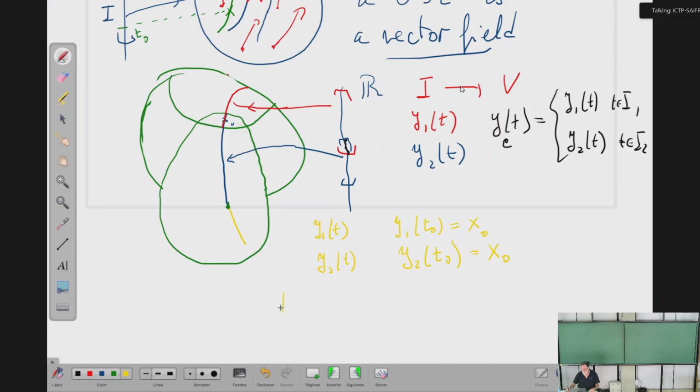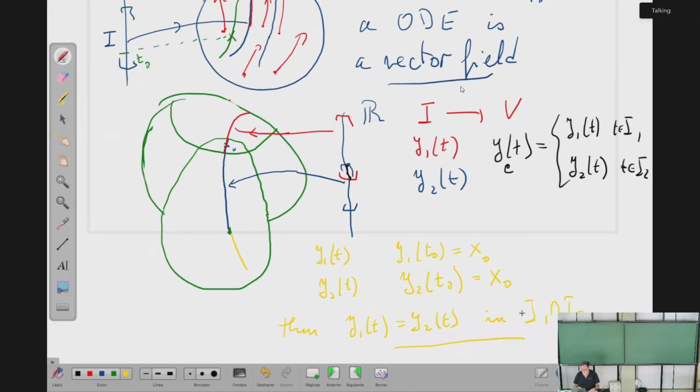Then y1 of t is equal to y2 of t in the intersection. That's the uniqueness, the local uniqueness. Okay, questions?